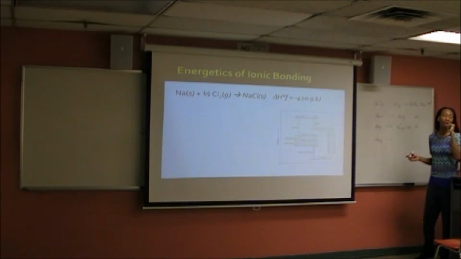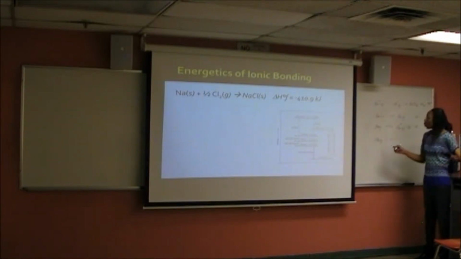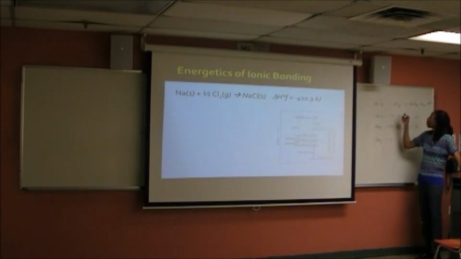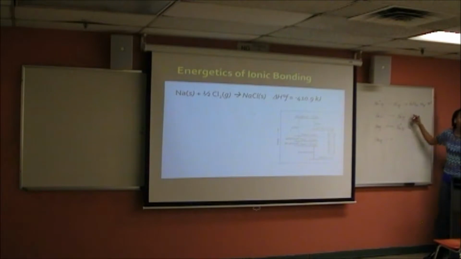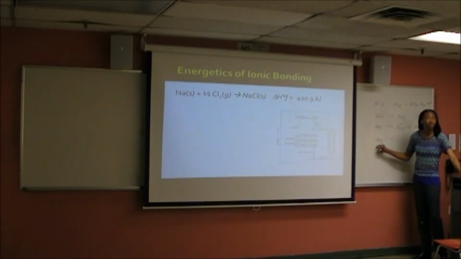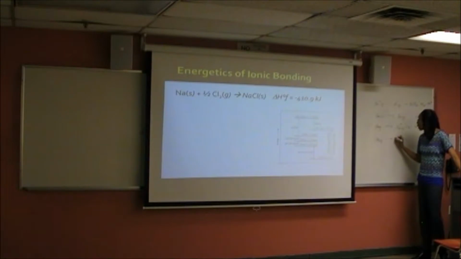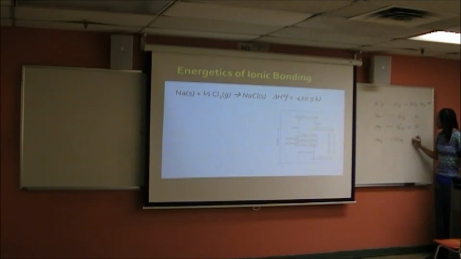How many chlorines do you need? One. How much do you have? 2. You need to break this chlorine-chlorine bond, so we end up with 2 Cl gases. And this has its own enthalpy.